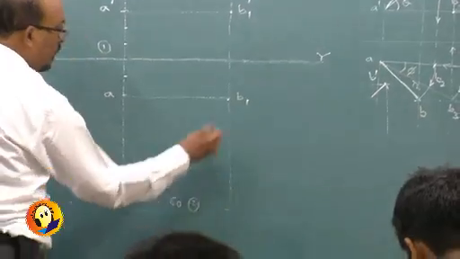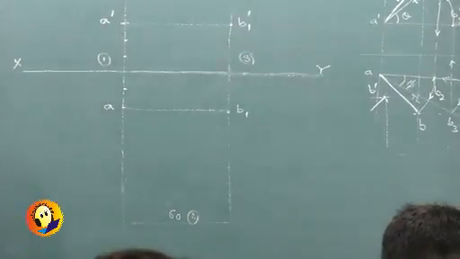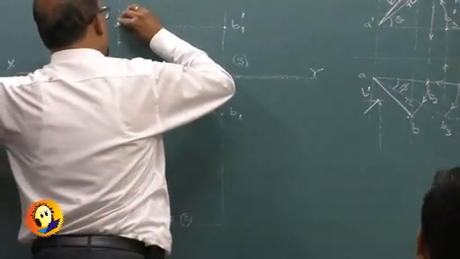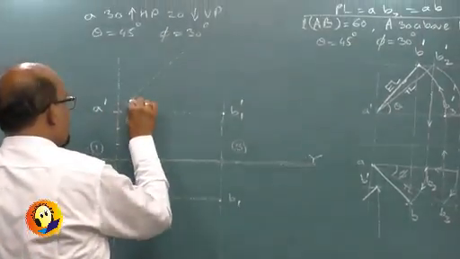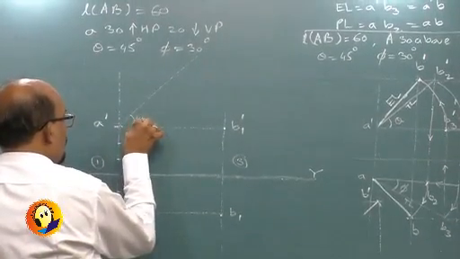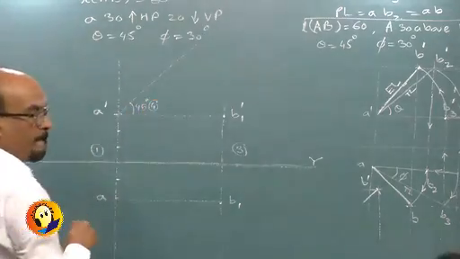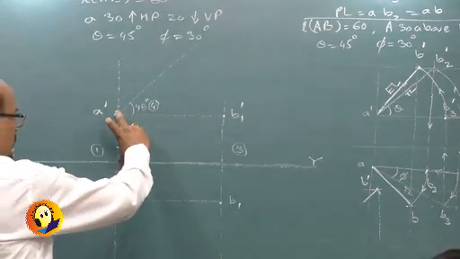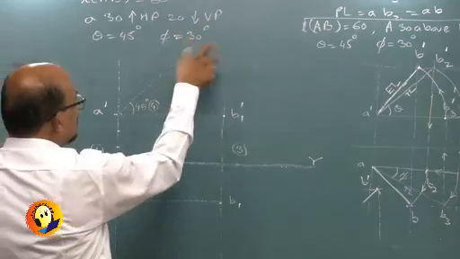That is step 2. Third step is to mark B1 dash. Then I draw a line at 45 degrees, which is my step number 4, onto which I am to mark the true length, that is 60.